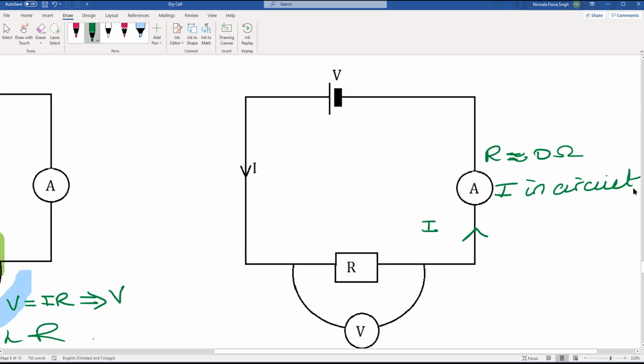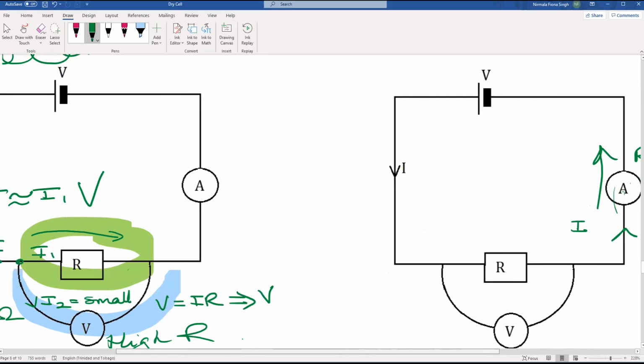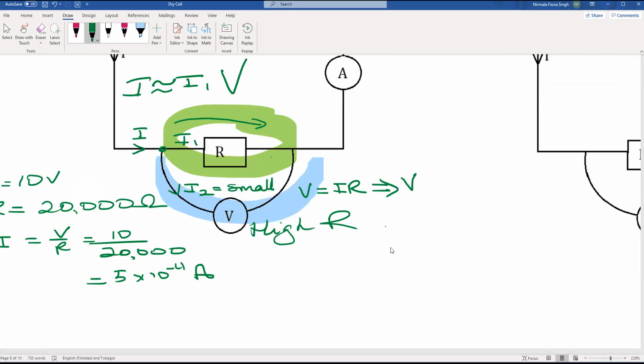One is the opposite of the other. If you remember one, you should remember the next. The resistance of an ammeter is very, very small. So it allows all the current in the circuit to pass through it, so that way we can read the current in your circuit. And for a voltmeter, we have a very, very high resistance. By having that very high resistance, we are able to read the voltage across our component.